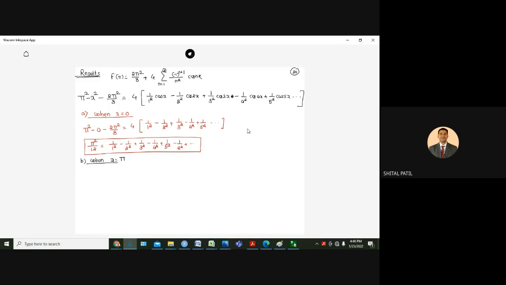Take x equal to pi, see what is happening. Minus 2, pi negative square by 12. No, first cos pi, no? So I'll use this result.